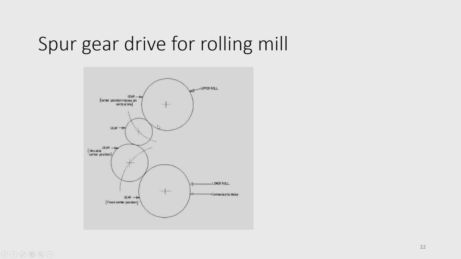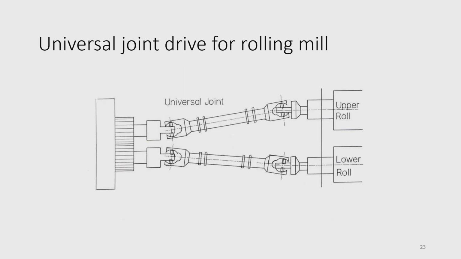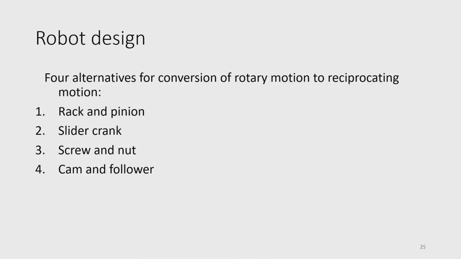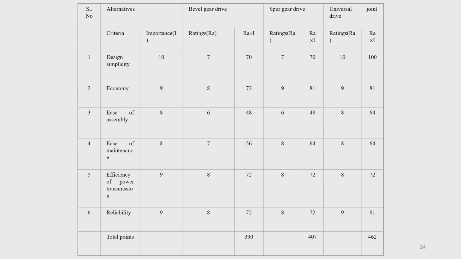We will not go into much detail about that, because we are just showing how to compare these alternatives, not teaching the technical side. But for the universal joint drive, suppose you have a universal joint, and by that you can move up and down, and then you can have a type of table. Okay. So, we can have alternatives, we can put them here.